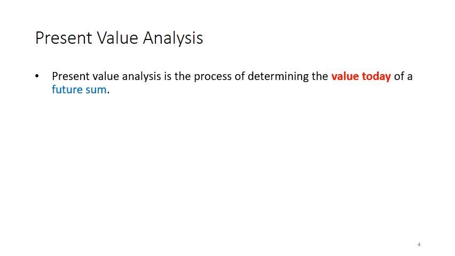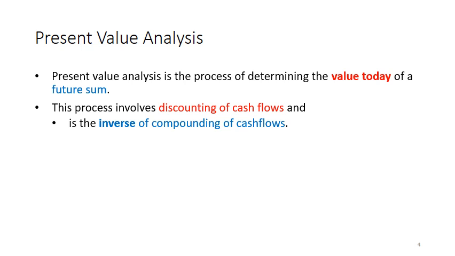Present value analysis is the process of determining the value today of a future sum. This process involves discounting of cash flow, and it is the inverse of compounding of cash flows.